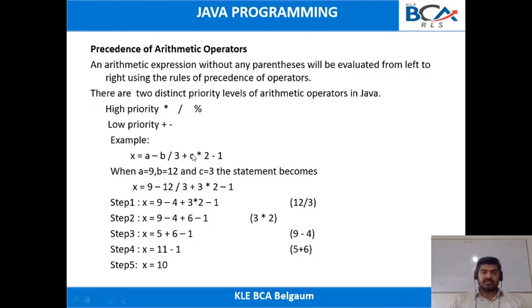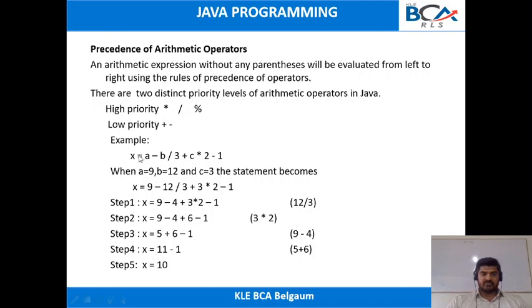Here we have two levels of priority, high and low. Multiplication, division and modulus operators have high priority. Low priority is addition and subtraction. Let's consider an example of a simple arithmetic expression without any parenthesis.